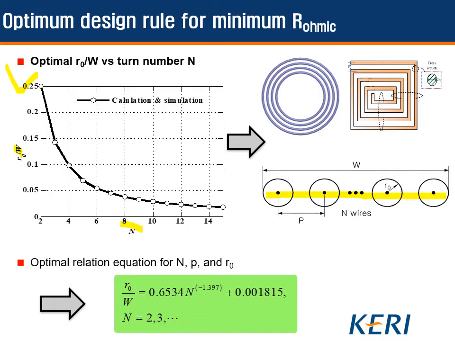As you can see, each turn count has an optimal R0 for a given W. By curve fitting of this graph, R0 of W is determined as a function of N for lowest AC resistance.